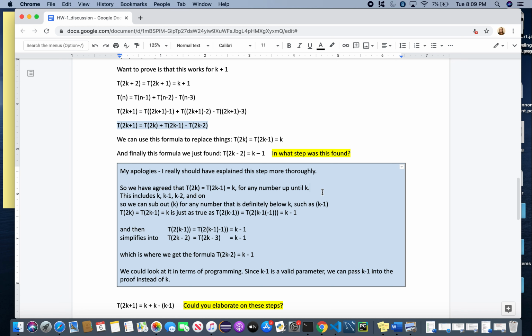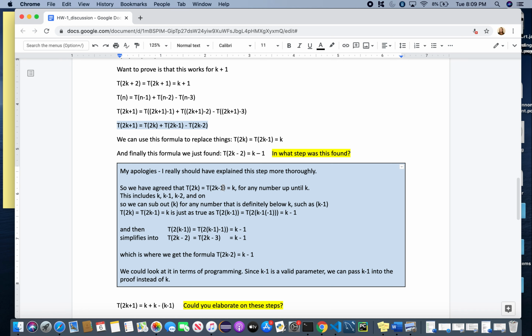We don't need to prove that. That's proven, that's accepted. Those numbers equal k. It could be k minus 1, could be k minus 2. If there's a random number n, and we know that n is less than k, then it can go in there. But these numbers here we know are definitely less than k because by definition they are either k or k minus something.